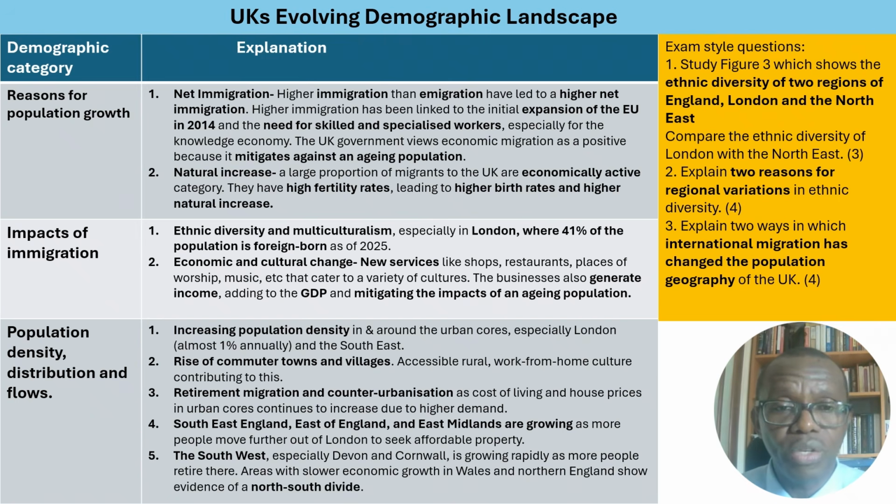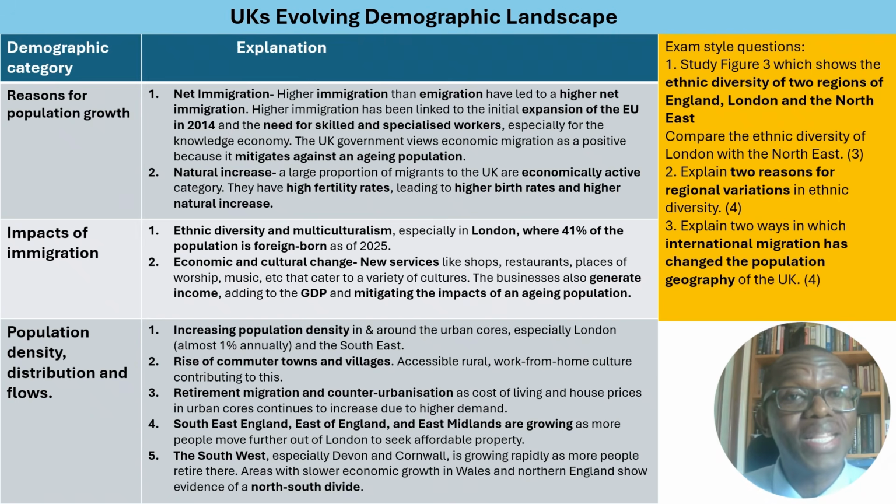The other reason is the need for skilled and specialized workers, especially in the knowledge economy. We know that the UK's primary and secondary sector declined, and we are going to be talking about that a little later on. As a result, the tertiary sector and the knowledge economy grew.